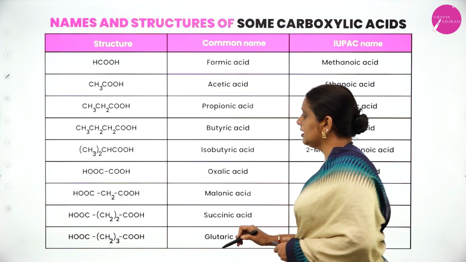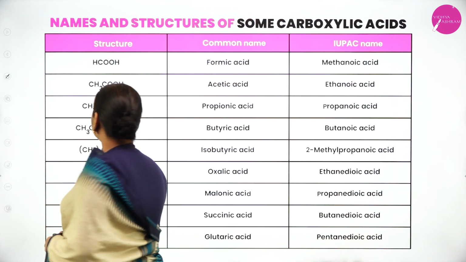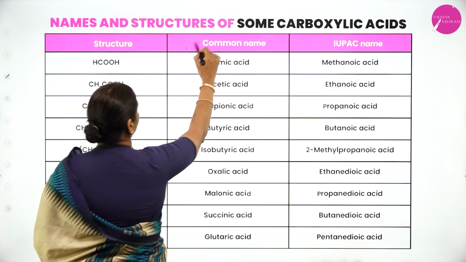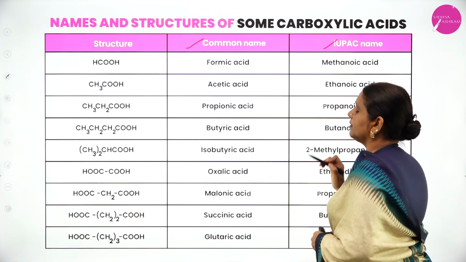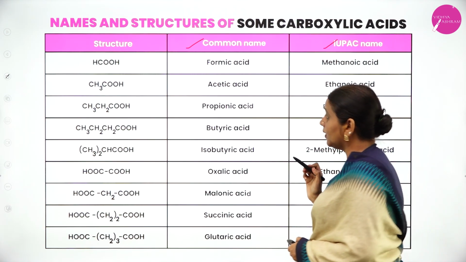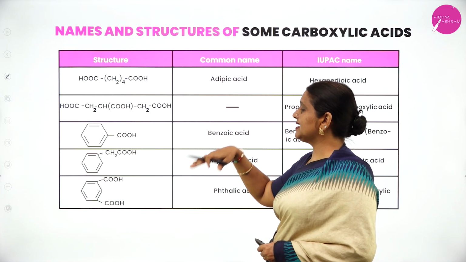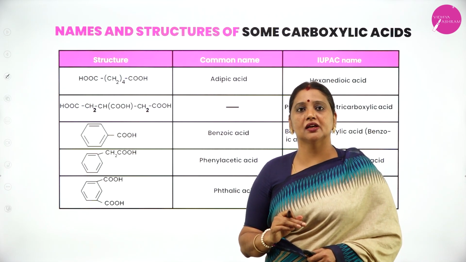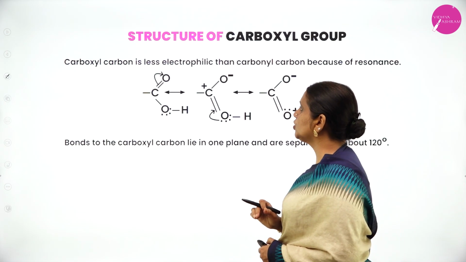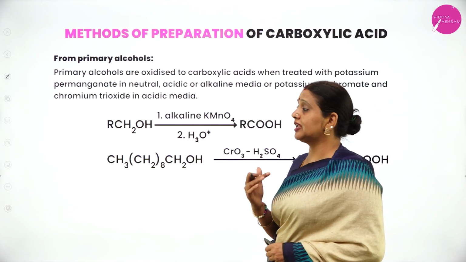This is the table in which I have given some important carboxylic acids with their common name as well as their IUPAC name. This slide and the previous slide contain some of the carboxylic acids with their trivial name as well as IUPAC name.